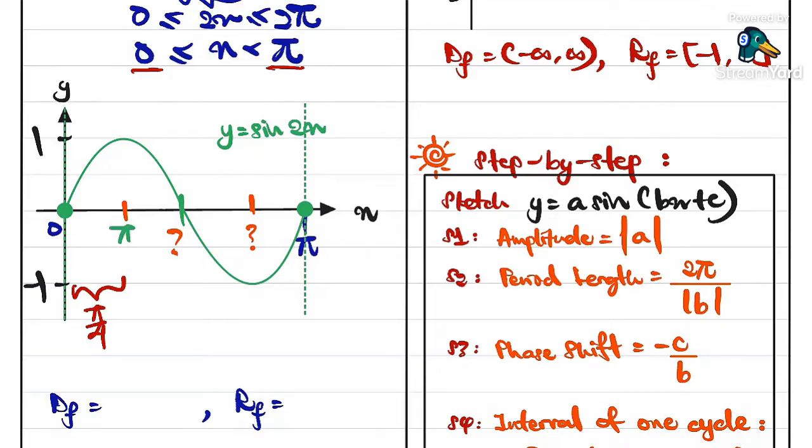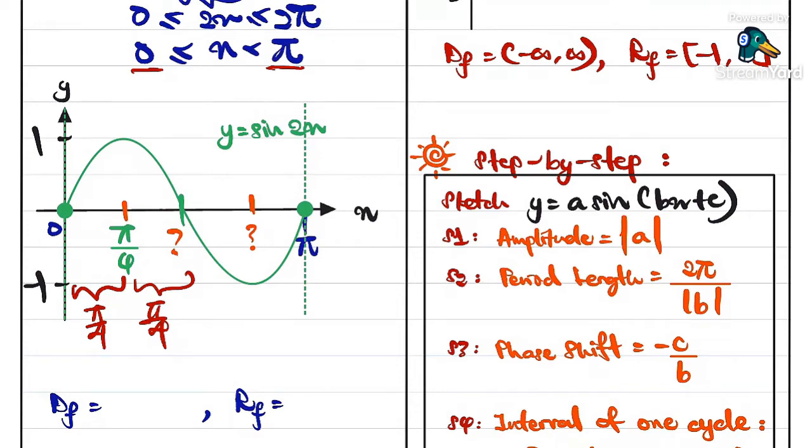It gives you pi over 4. And then pi over 4 plus pi over 4, because the distance is the same. The length of the x-intercept is the same.